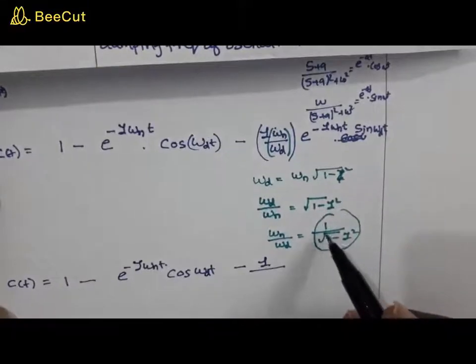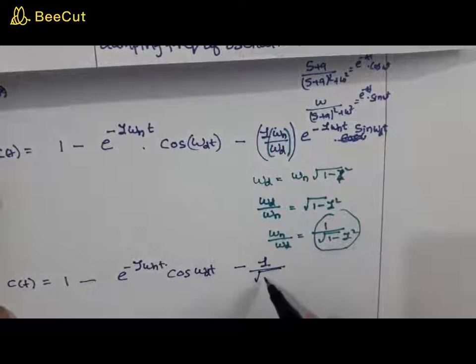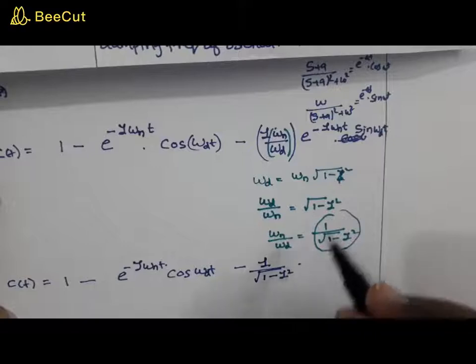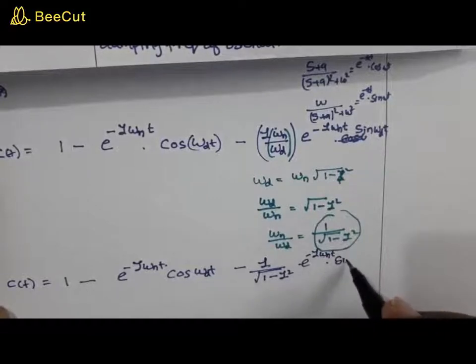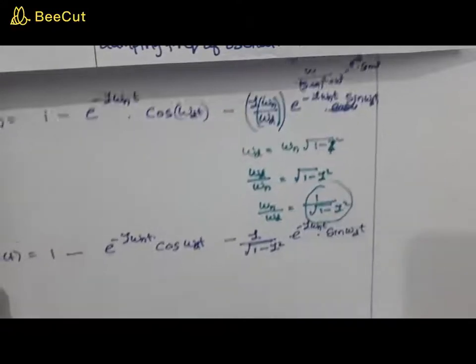Omega n by omega d can be replaced by 1 by root of 1 minus theta square. So this will be root of 1 minus theta square, right, into e raised to minus theta omega n t into sine omega d t, right?